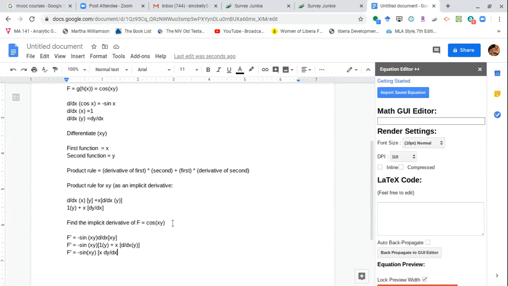And so dy dx of x is 1, x dy dx, and dy dx of y is 1. So x dy dx. And you note that there's a second part of the function too, right?